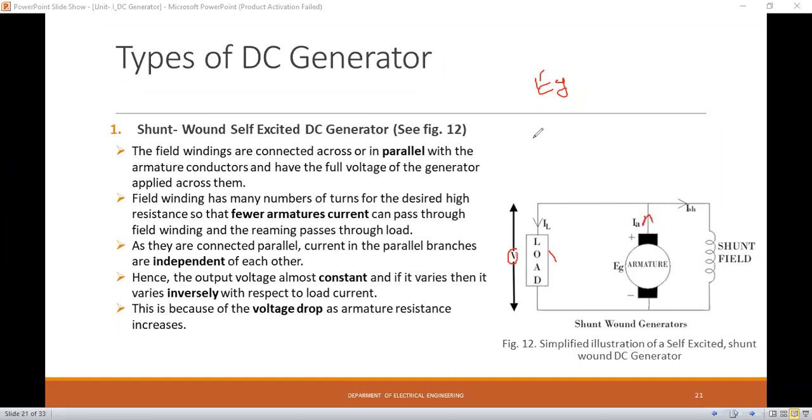So according to this we will write the voltage equation of DC generator. DC generator चं voltage equation लिहू शकतो, V is equal to EG, that is generated EMF, minus armature current IA into armature resistance RA. Okay, so what is the relation between IA, IL and ISH? IA is equal to काय येईल याच्यावरून?